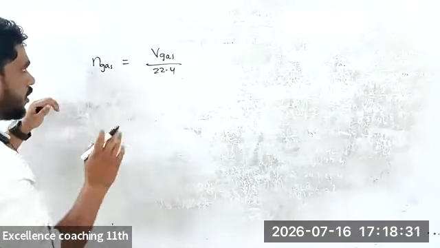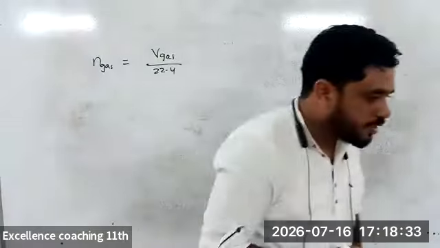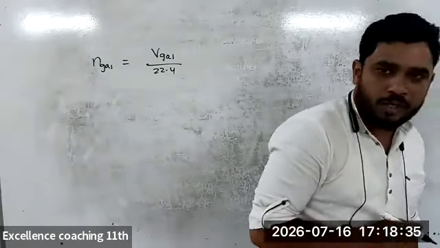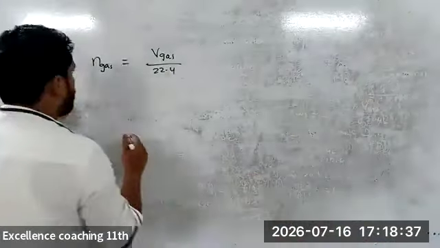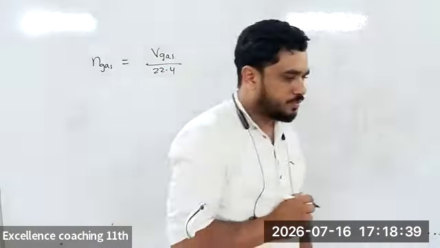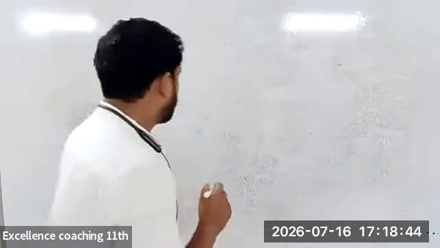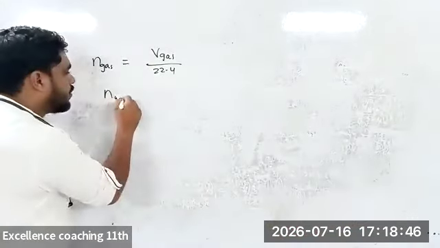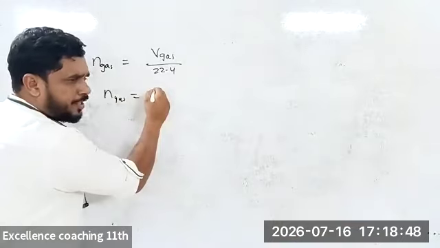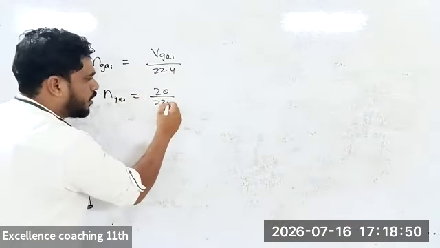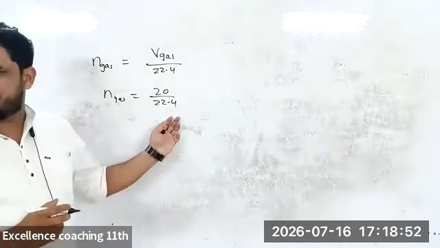Volume is given to us, and molecular mass is what we need to find. So number of moles is given by 20 upon 22.4. Keep this like this only.